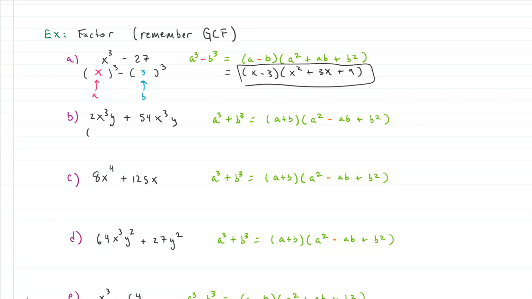As I look at this next one, though, I'm thinking, can I write this as something cubed plus or minus something cubed? It looks like we have a plus here, so it looks like we're going to have the sum of cubes. But I might have to pull out a greatest common factor first, because I see they both have 2 in common, and they both have a y.